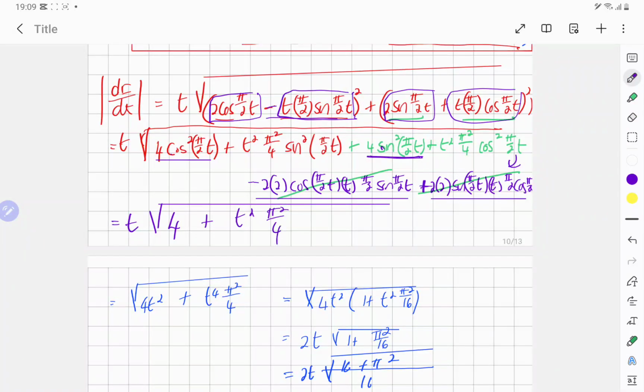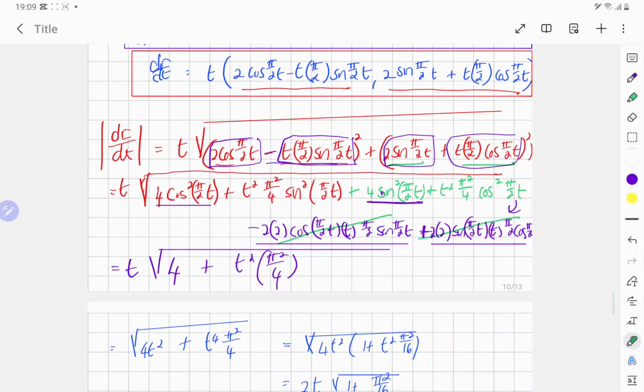Pi squared over 4. I just want to make 100% sure you understand what I've done. So I've taken that component out.